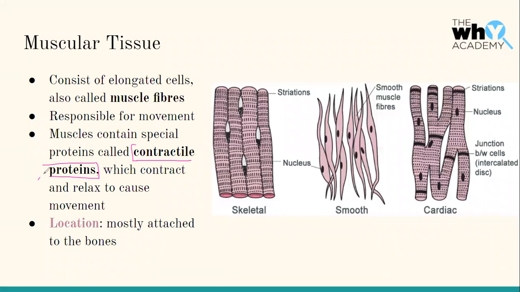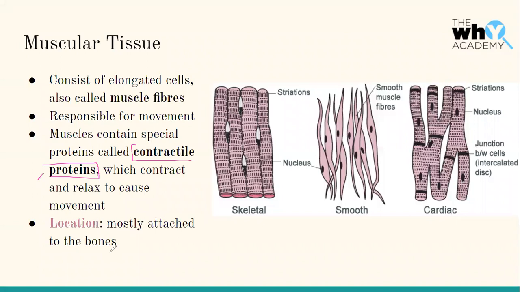If you continue this field, you will come across it in detail, and the complete mechanism of how actin and myosin regulate the movement. This comes as a fill in the blank, how do muscles move. So you can write the words contractile proteins there.